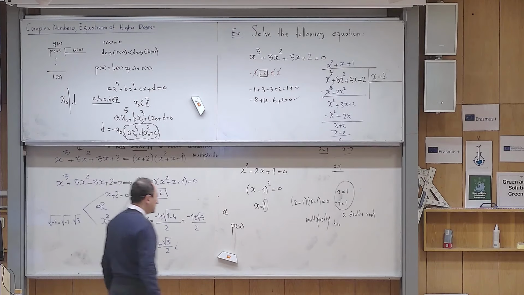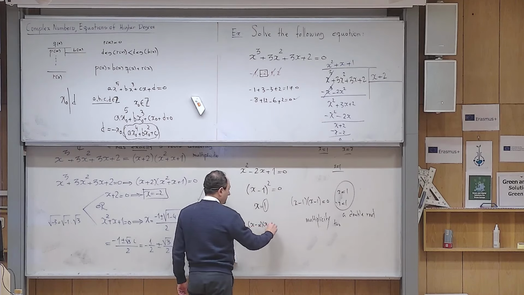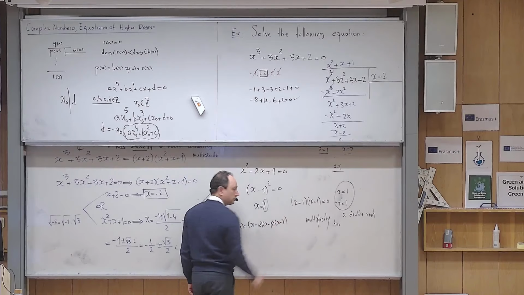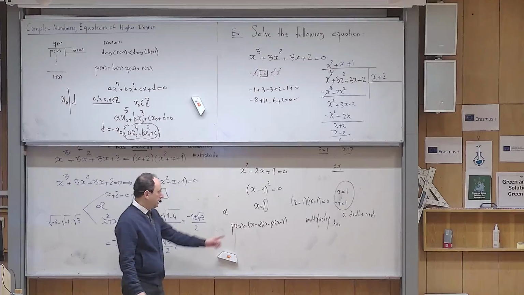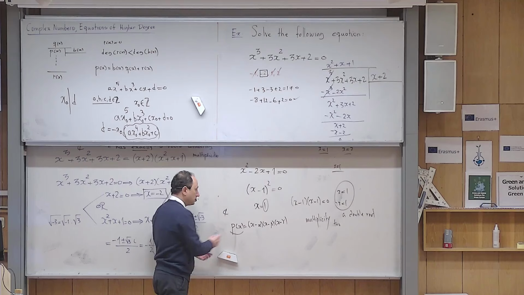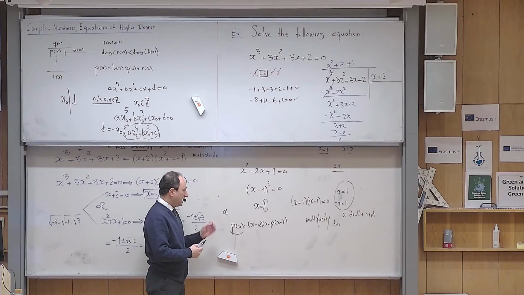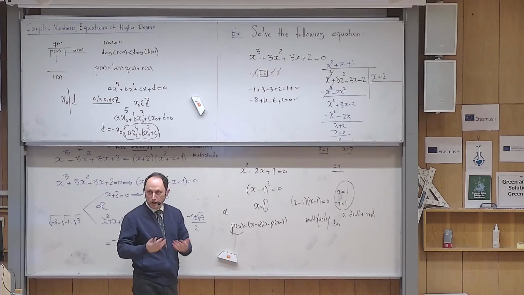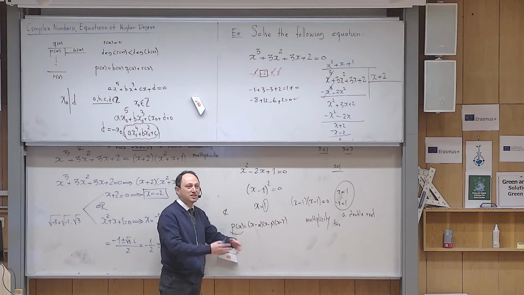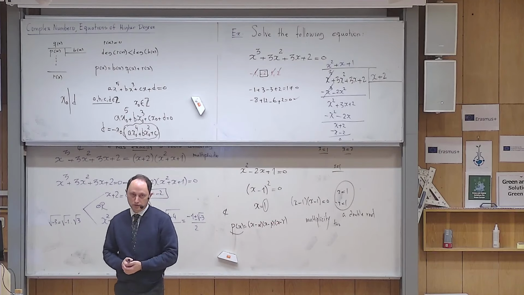One possibility is x minus alpha, x minus beta, x minus gamma. If this is a degree 3 polynomial and I am working in complex numbers, I have exactly 3 roots considering the multiplicities. One case is that I have 3 distinct roots. Then my factorization becomes something like this.